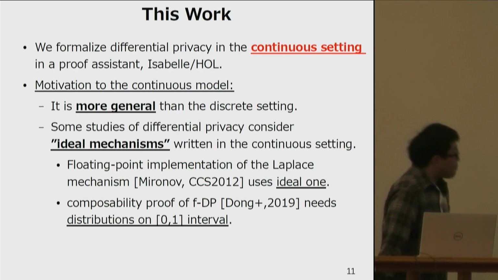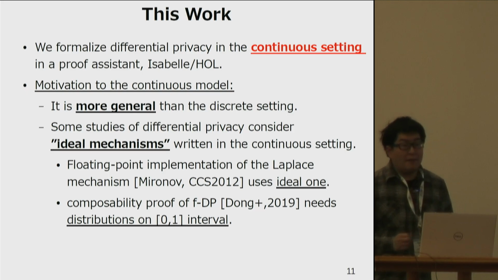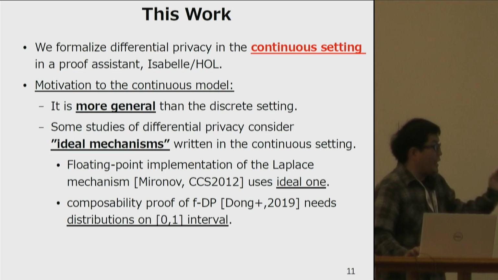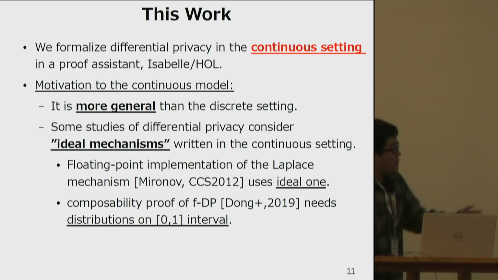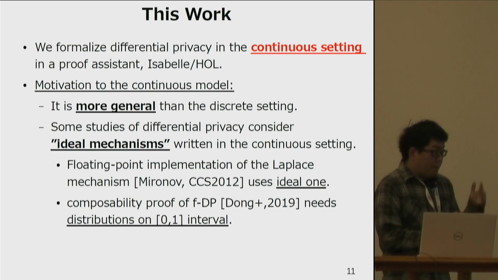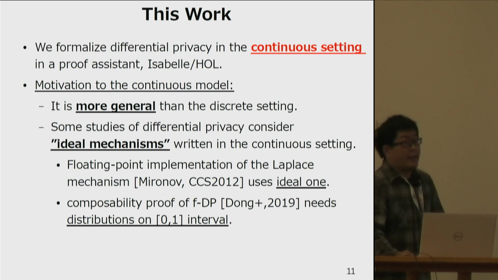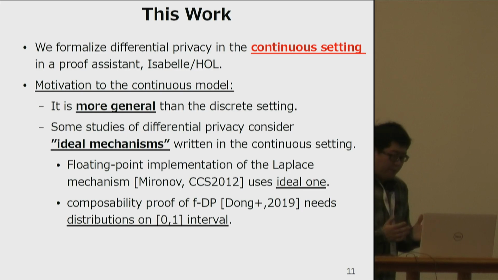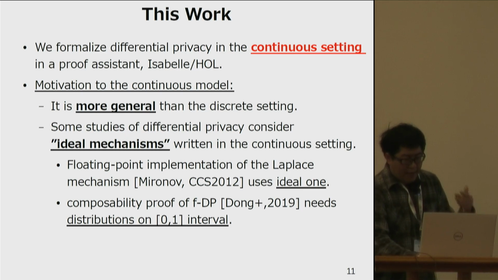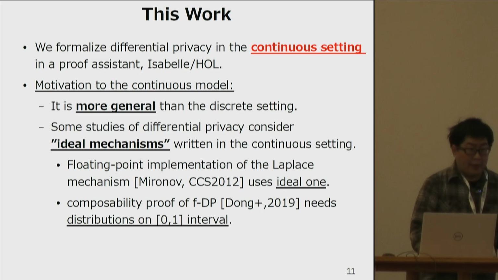Third, in the study of f-differential privacy, which is a very latest extension of differential privacy, to prove its composability we need a continuous model, even if we consider only discrete mechanisms.